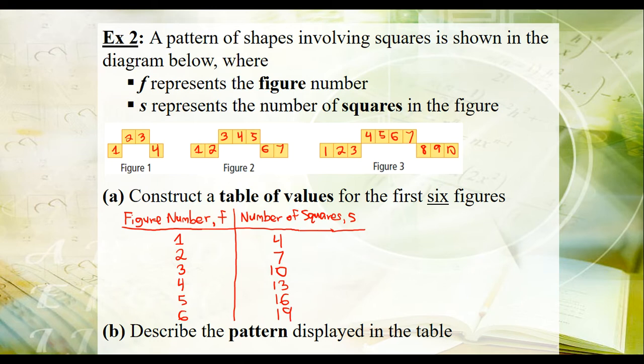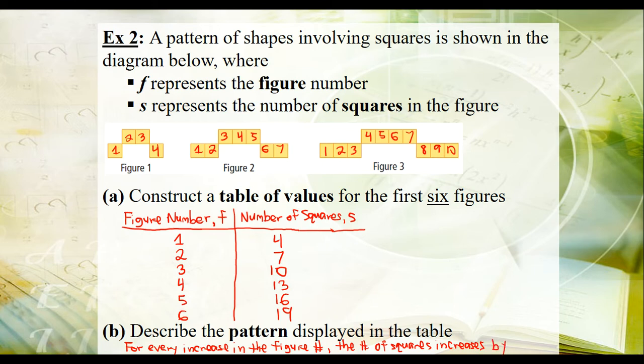Then it says describe the pattern that is displayed in the table. So what I could say here is for every increase in the figure number, the number of squares increases by 3.